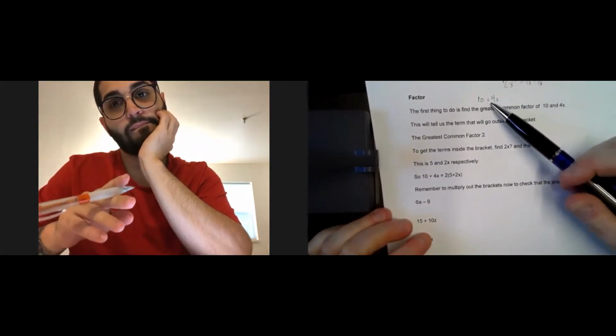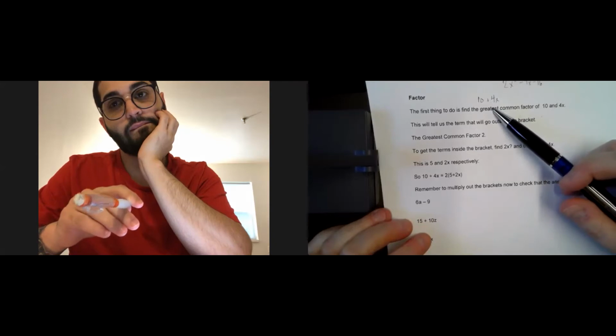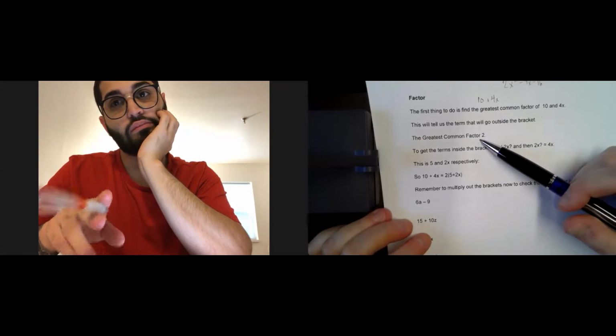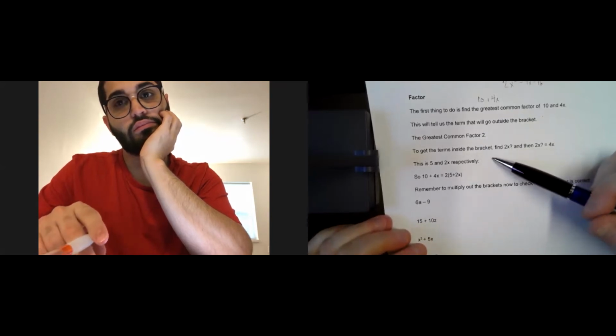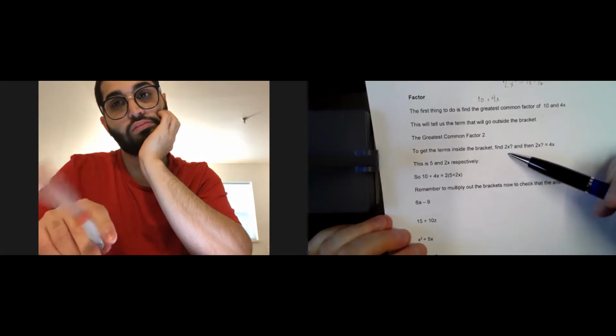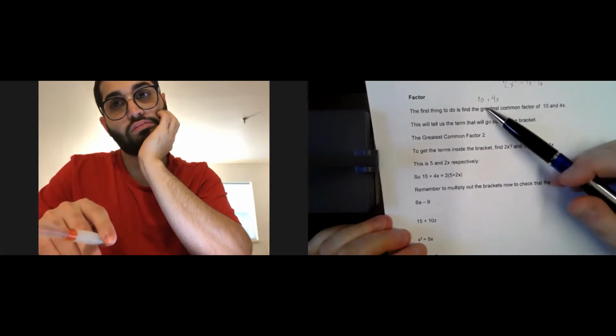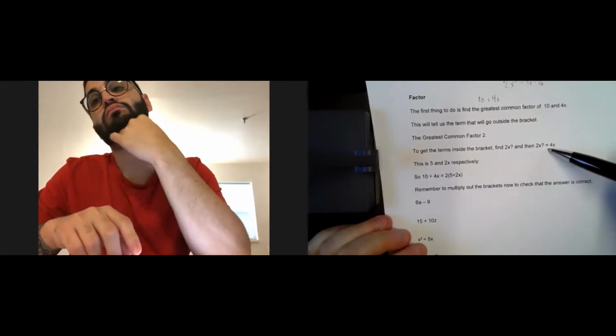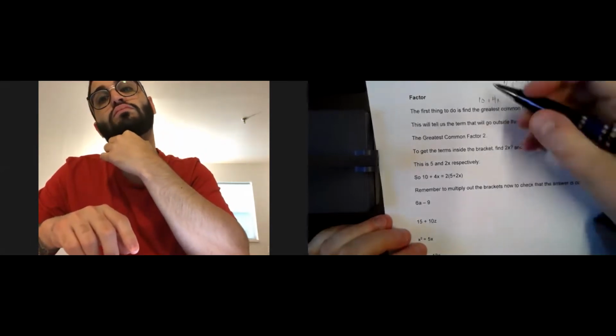So what number goes into both 10 and 4 evenly? 2. Yeah, it's going to be 2. And so all we're doing is finding 2 times what equals 10 and 2 times what equals 4x.